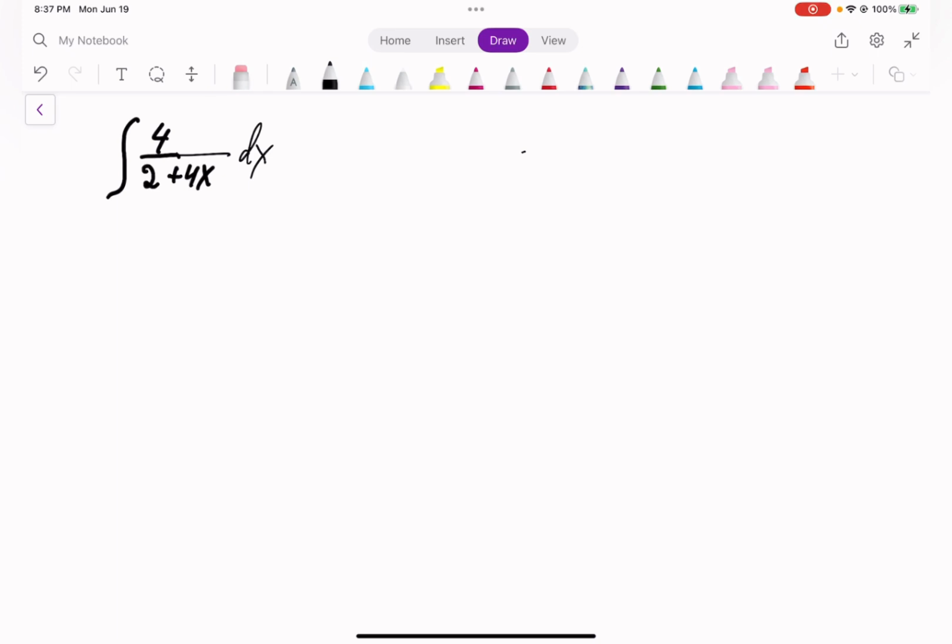the method of substitution. In this case, I'm going to substitute u equal to 2 plus 4x. And from here, du is going to be, the derivative of 2 is going to be 0, and the derivative of 4x is going to be 4, and the derivative of x, dx.